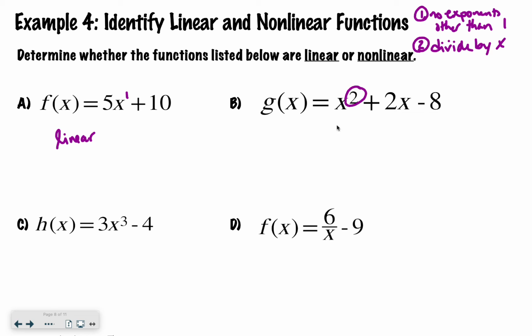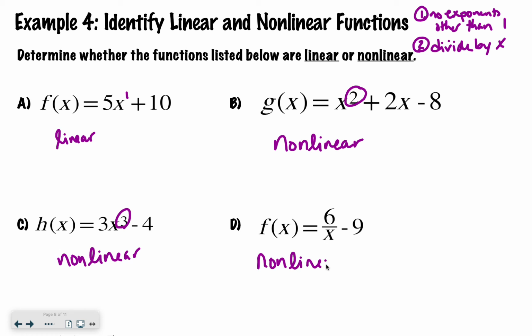I see an exponent that's not 1, so automatically I know this is nonlinear. All right, h of x equals 3x cubed. I see an exponent that's not a 1, so this is nonlinear. F of x equals 6 divided by x minus 9. I'm dividing by x, so this is non-linear.